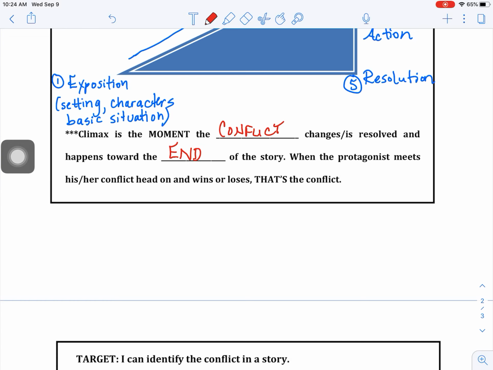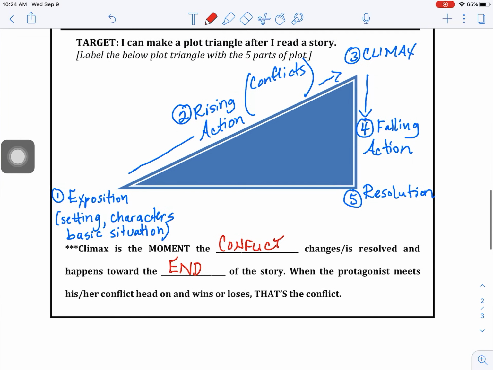It is not in the middle. It is why your triangle looks like this. The majority of your story is rising action. Just like in a movie, you would not want your conflict resolved with an hour left of the movie. Your book, your short story, will have that climax toward the end.